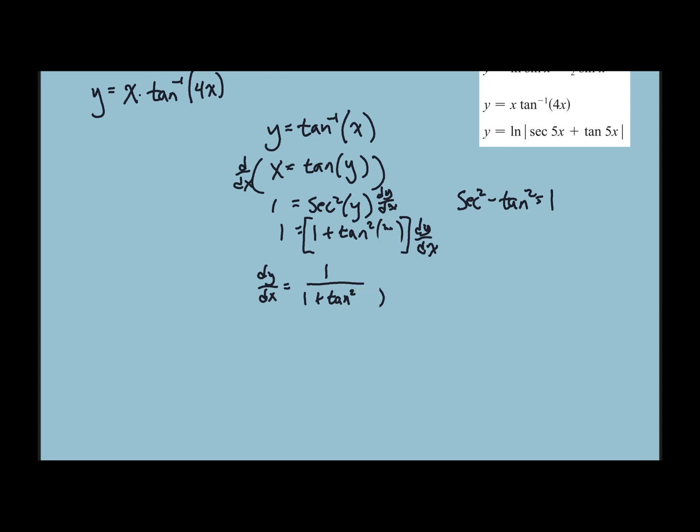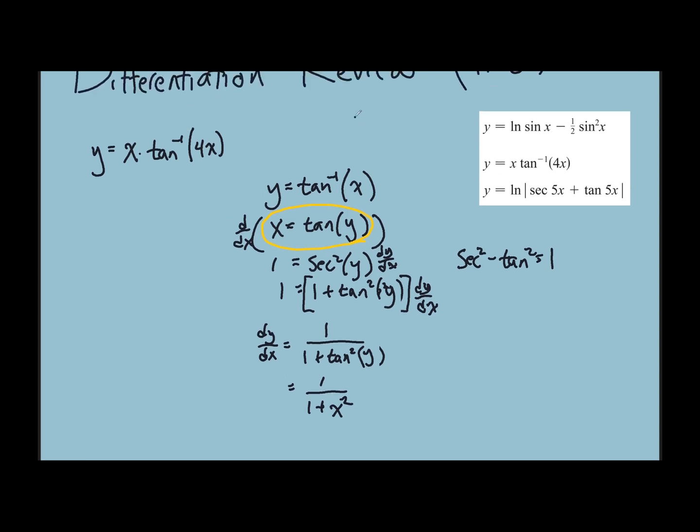That was almost a big fat faux pas. I should edit it out, but I don't care. And the reason that we make this is because we know that x is equal to tangent of y. So I can rewrite this as 1 over 1 plus x squared. And that's the derivative of arctangent. So I'll just write that real quick over here to remember it, because I'll forget as soon as I erase it.